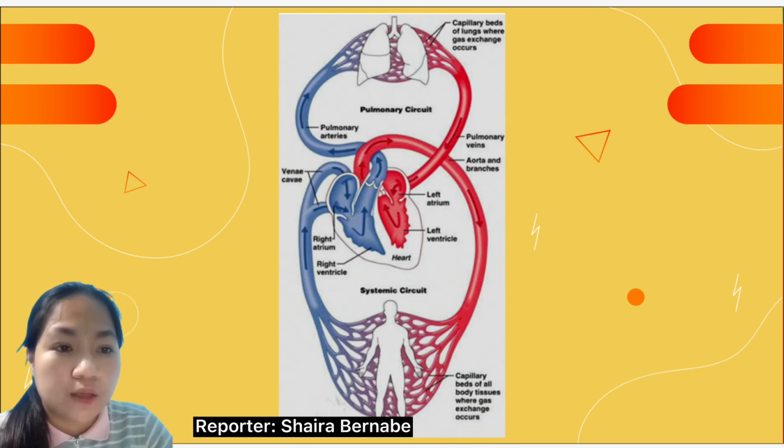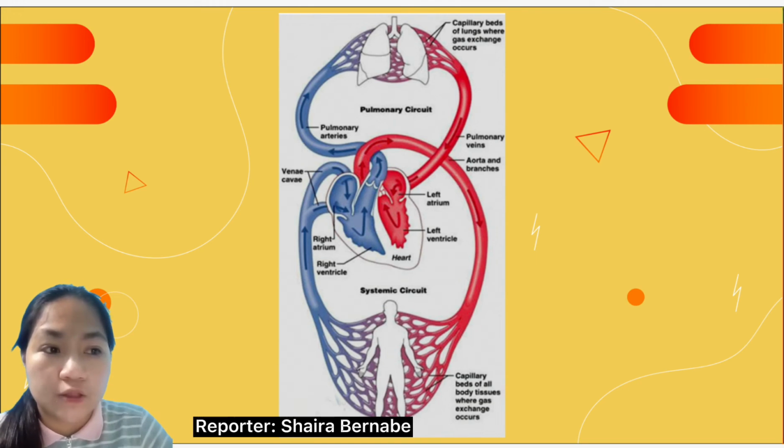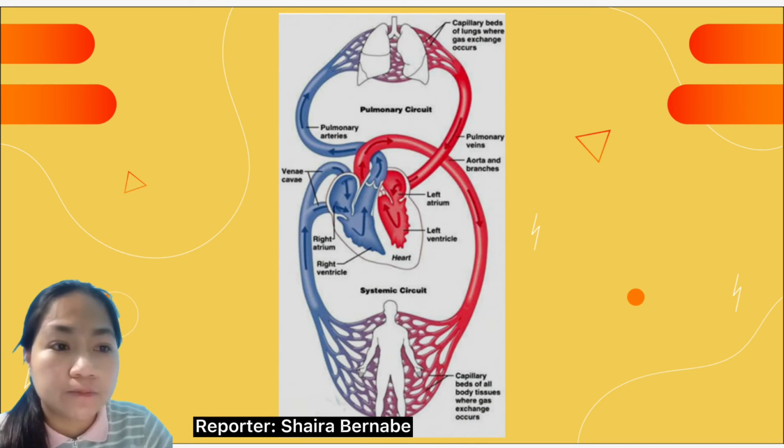At the same time, the next batch of carbon dioxide-rich blood must be brought to the lungs for the process to take place again. So the transportation of gases throughout the body takes place in the bloodstream through the action of the cardiovascular system, which is the heart and the blood vessels, as can be seen in the adjacent image right now on the screen.